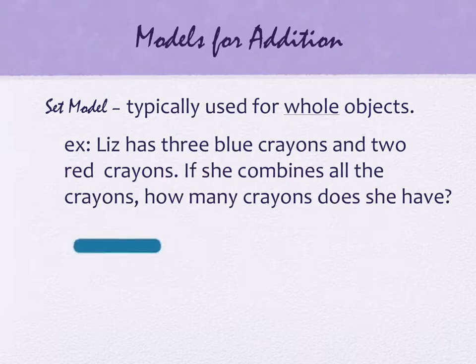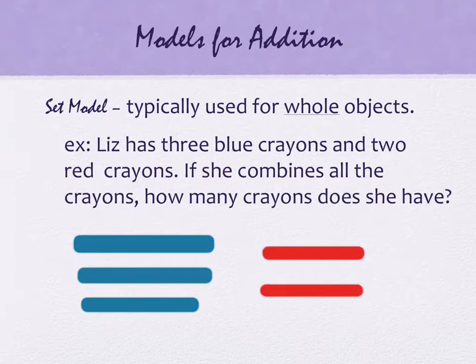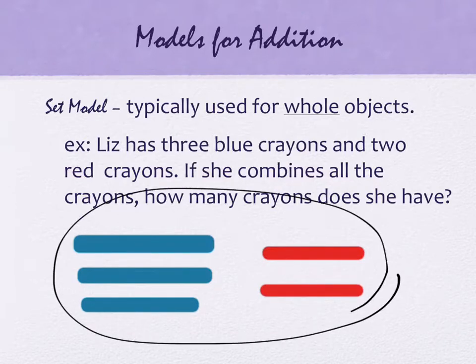And we can draw. She has 3 blue crayons. And the cool thing is we don't even have to make them all the same size because crayons aren't, right? Kids use them, they mush down, they're still usable, right? And then I have 2 red crayons. And the question is how many crayons in total, altogether, do I have?